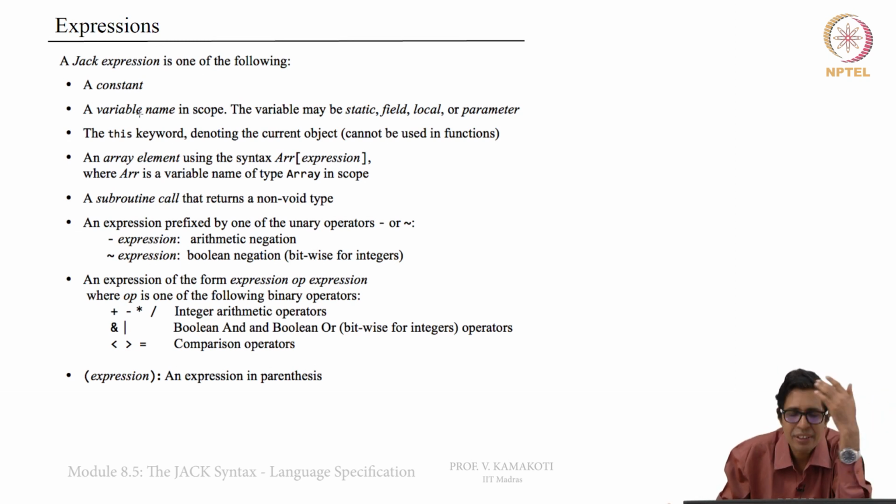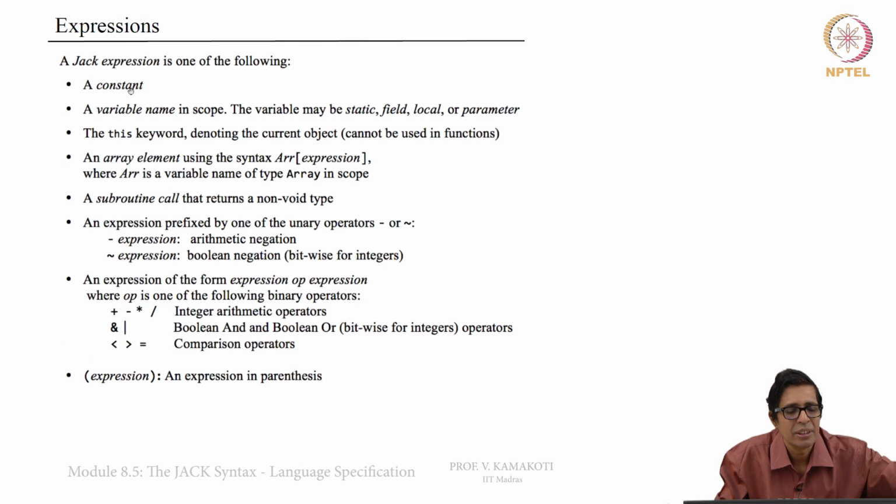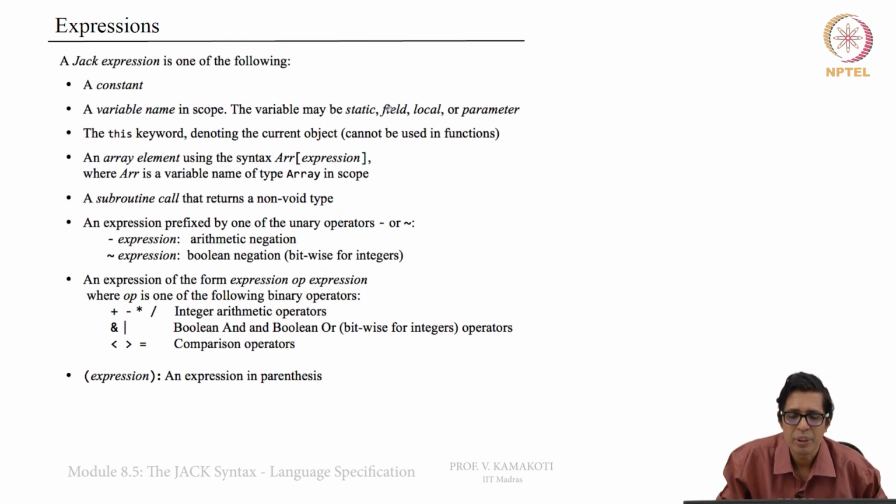Expression: 2 plus 3 into 5 is an expression, 2 plus 3 by 5 is an expression. Just a equal to 2, just that 2 itself is an expression. We have seen here, right? Let var name is equal to 5, 5 is an expression. So, a constant itself is an expression, a variable name within that scope, static, field, local or parameter, that is also an expression.